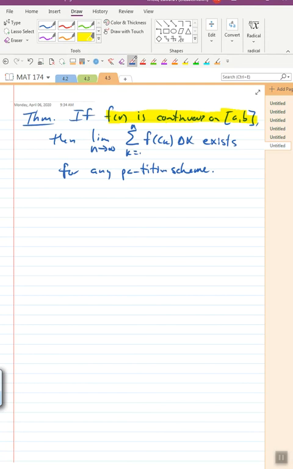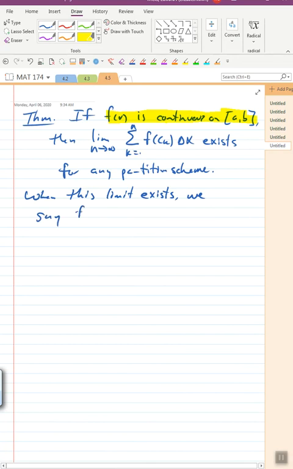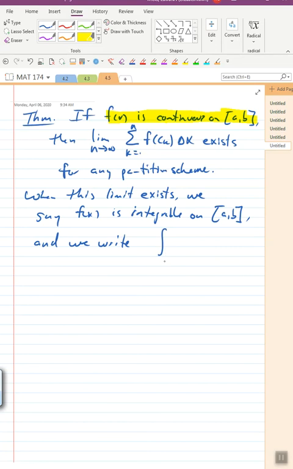That's all it takes. Alright, now, when this limit exists, we say f of x is integrable on the closed interval, and we write the integral symbol, so like our antiderivative symbol, except now at the bottom and the top of the integral symbol we put an a and a b. a the left limit, b the right limit of the function dx.